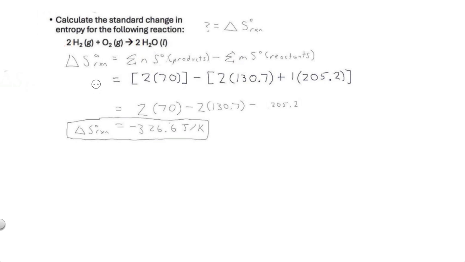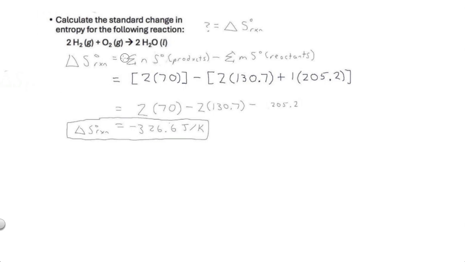Now, let me also warn you about something that often causes students to make mistakes when they're using this formula. Notice that in this formula, the products are written on the left, while the reactants are written on the right. Now, that often causes students to make mistakes because in the chemical reaction, the reactants are written on the left, and the products are written on the right.